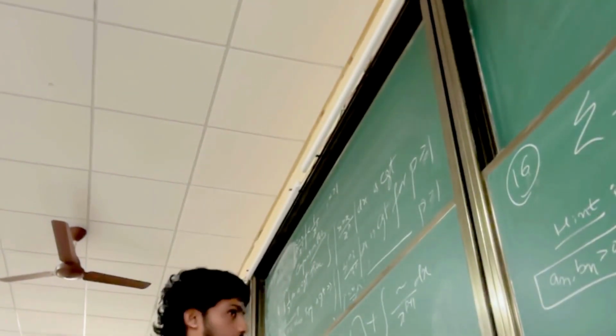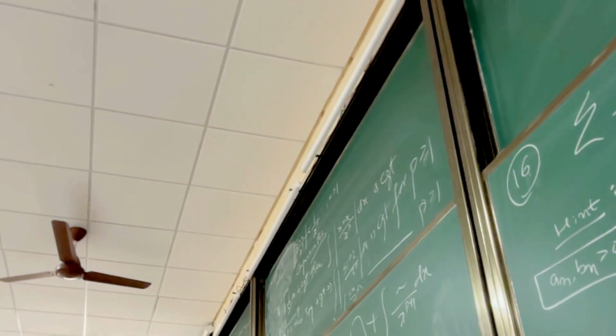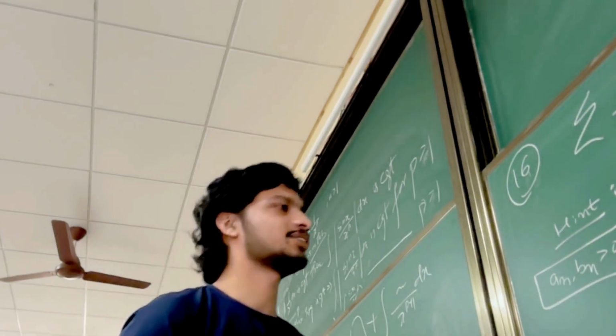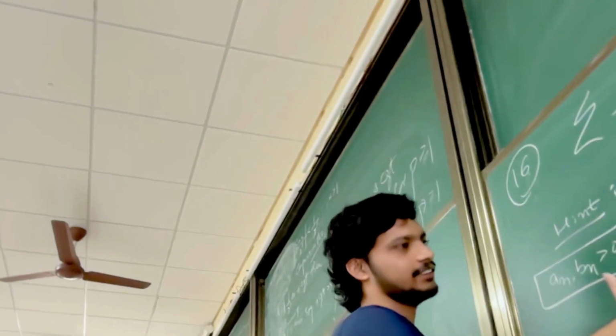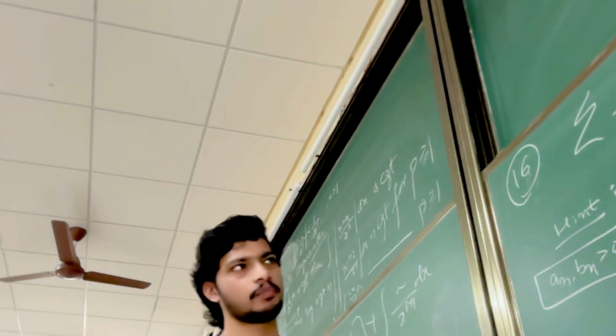This is the hint and this is the limit comparison test. So use this an and bn to find the series bn such that this limit is going to be 1.